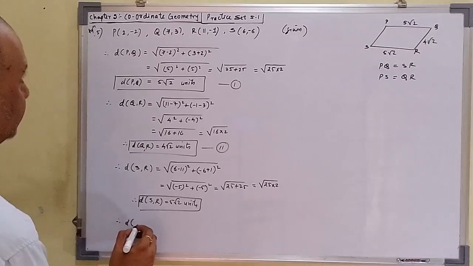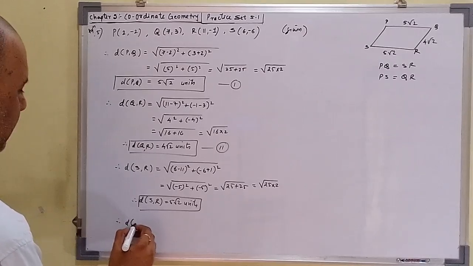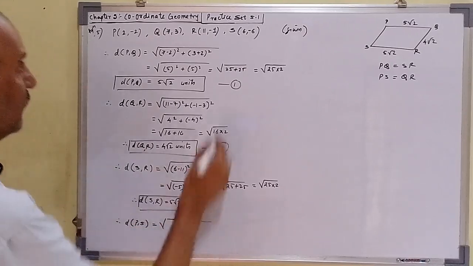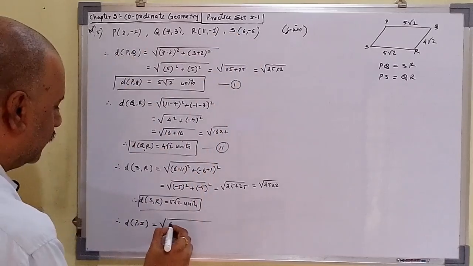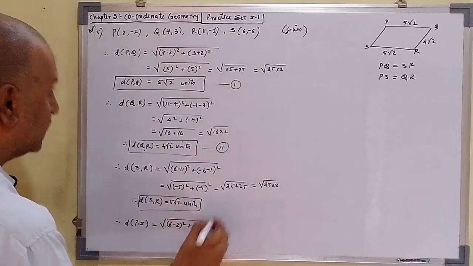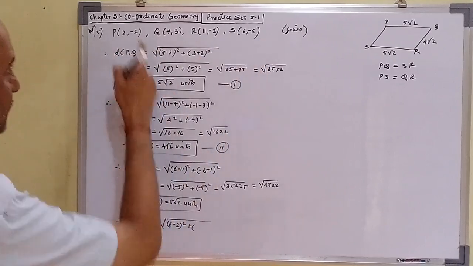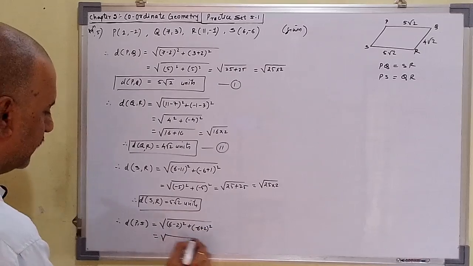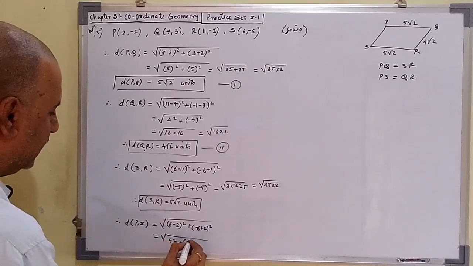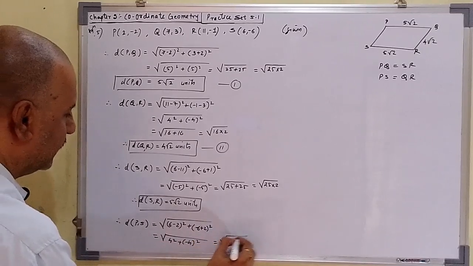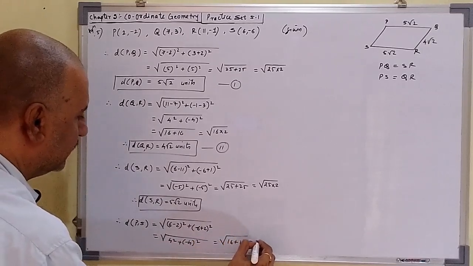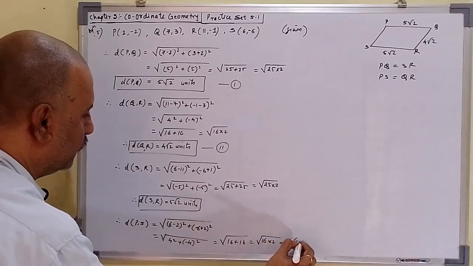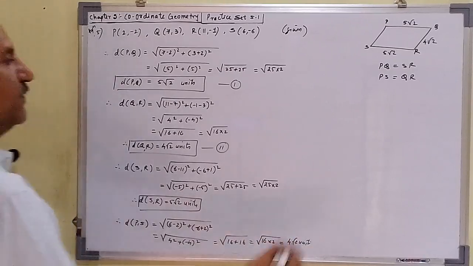Therefore distance PS now: 6 minus 2 square plus minus 6 plus 2, minus minus will become plus, minus 6 plus 2 square, 4 square plus minus 4 square, 16 plus 16, 16 into 2, 4 root 2 units.